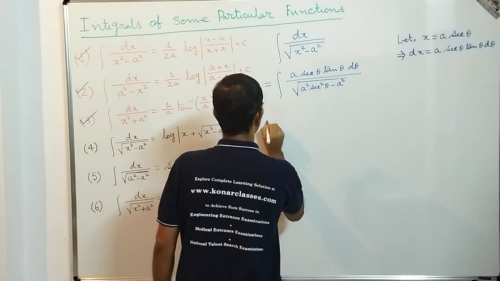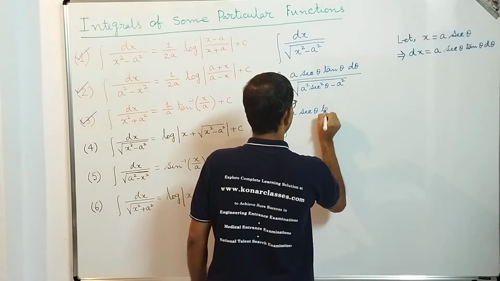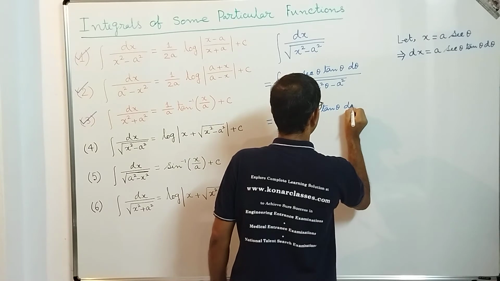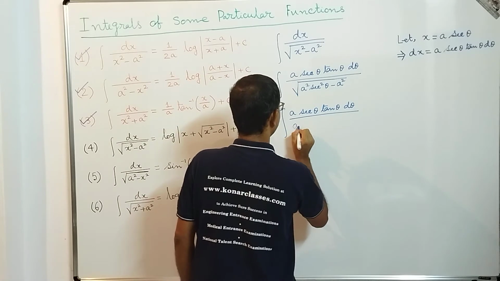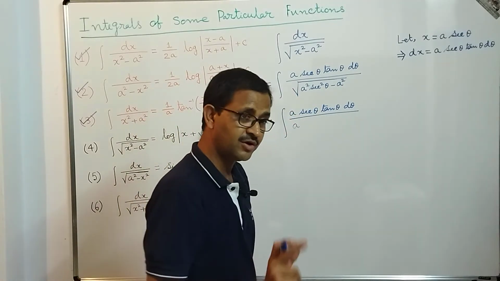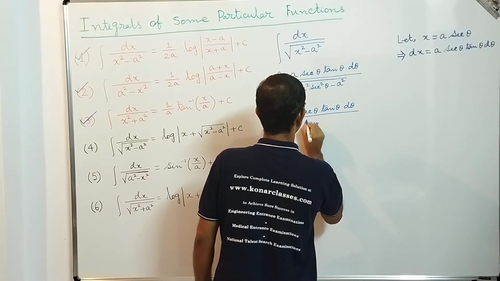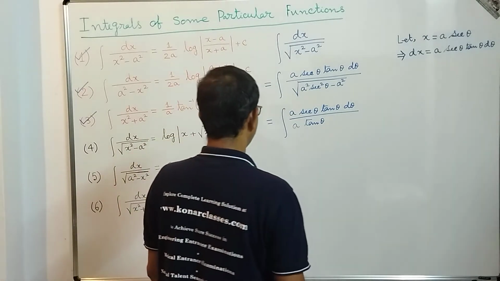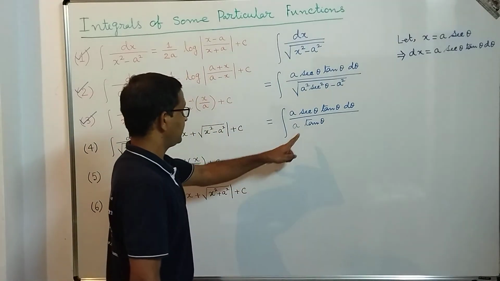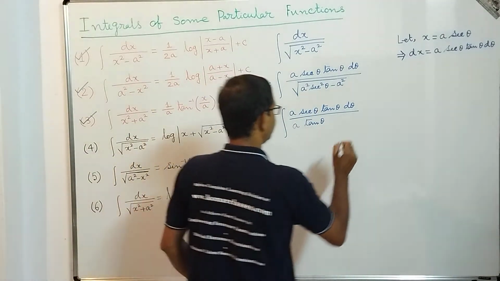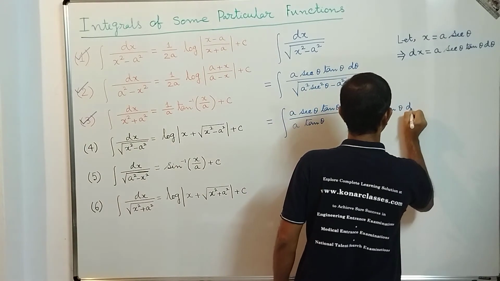So what we get here is integration a into sec theta into tan theta into d theta divided by square root of a square, so it becomes a, and square root of sec square theta minus 1, which is square root of tan square theta, that becomes tan theta. Correct? So a gets cancelled because a cannot be equal to 0, and tan theta gets cancelled. So what do we land up with? We land up with the integration of sec theta d theta.